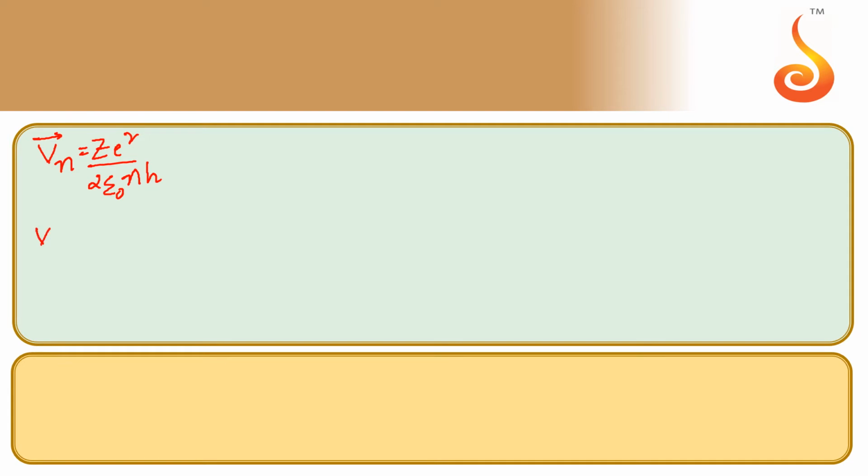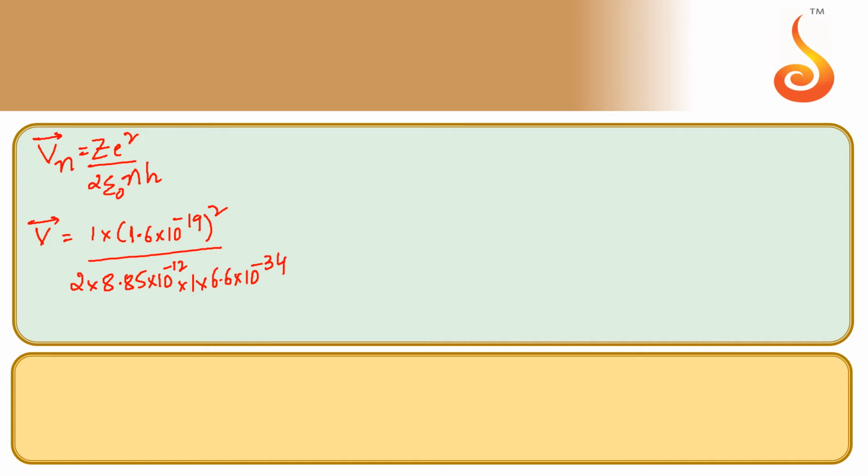So velocity of the electron in ground state is equal to 1 into (1.6 into 10 power minus 19) whole square by 2 into epsilon naught value, 8.85 into 10 power minus 12, n is 1 and h is 6.6 into 10 power minus 34. So by simplifying, what we get?